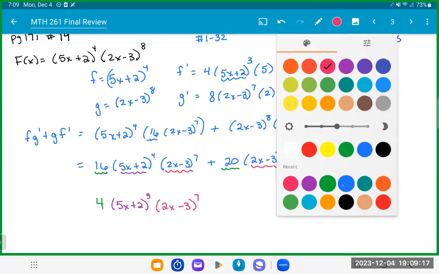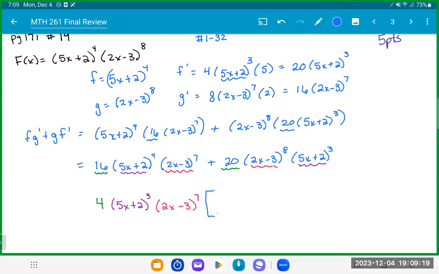And so what does that leave us with, right? When I factor all of that out of my first term, when I take 4 out of 16, that leaves me with 4. When I take 5x plus 2, I took 3 of them, so it's leaving me with 1. So I have 5x plus 2. And then I took all 7 of these, so I don't have any left to put inside the parentheses.